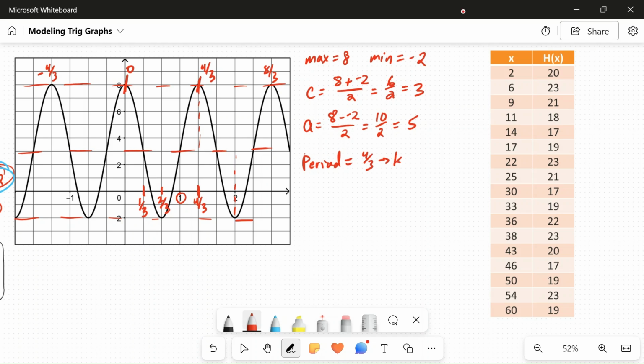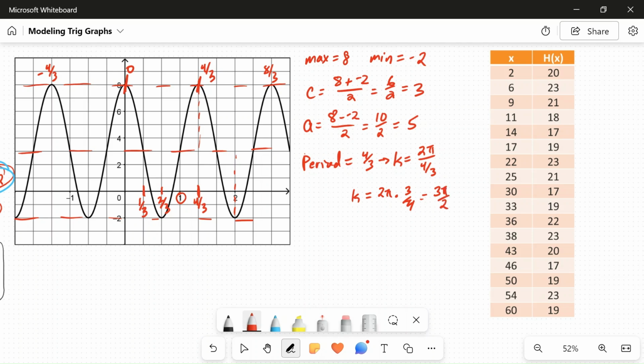And from the period, we want to find k. K is 2 pi over the period, so 2 pi over 4/3. And so k is going to be 2 pi times 3/4. And that is going to be 3 pi over 2 when we multiply and simplify.